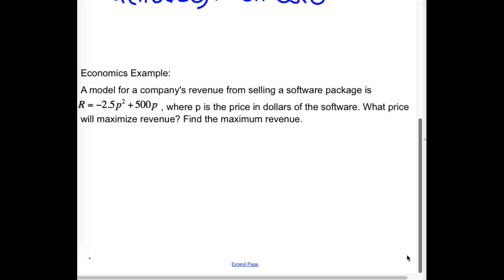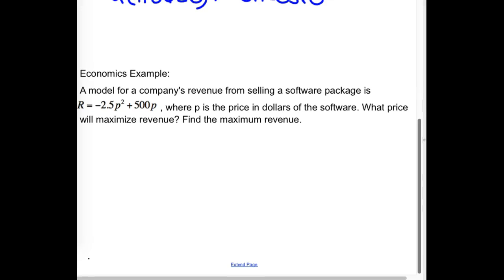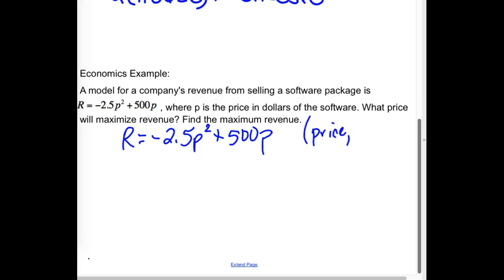So again, if we think in terms of our typical X and Y's, if we know R equals negative 2.5 P squared plus 500 P, that means instead of X, we're using what variable? P. So price is like our typical X value. And then what's our Y value?